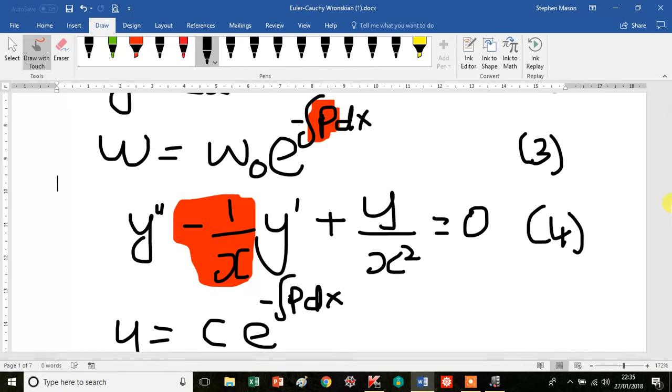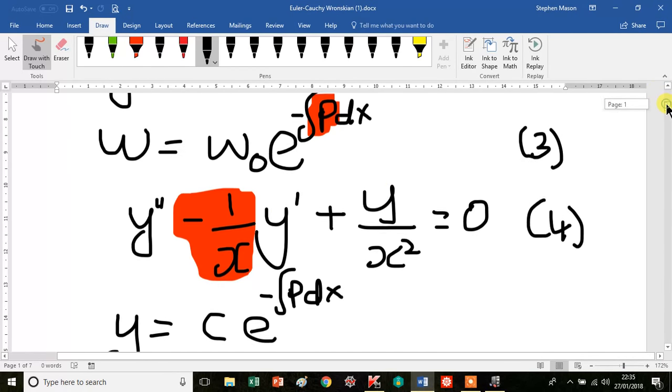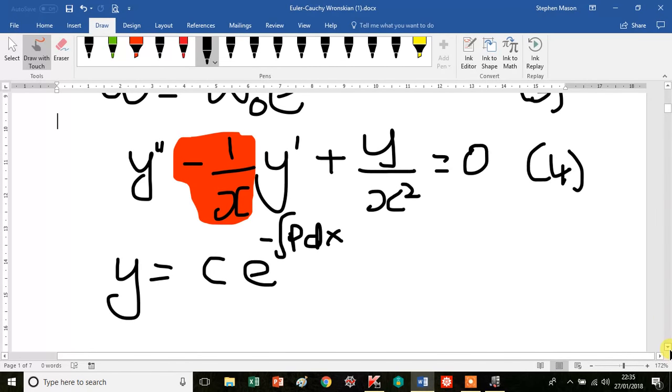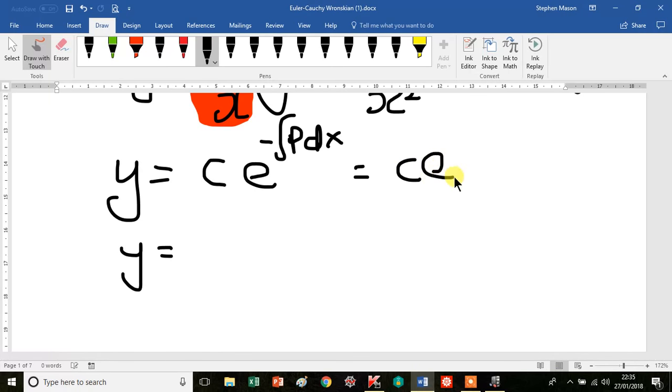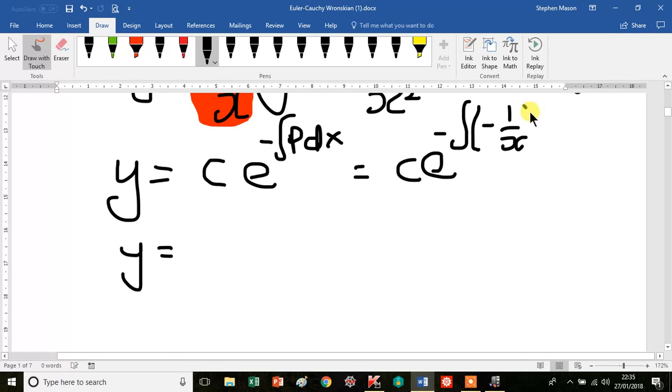So if we just go back to the solution, we have y equals, in fact, I'll actually write it up here. It saves a little bit of space. So we've got c e to the minus integral of minus 1 divided by x dx.